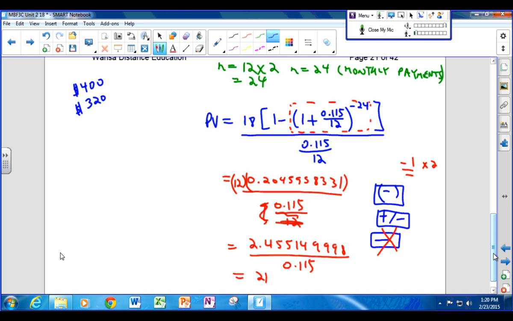Before I go any further, I can see that it was correct to multiply that by 12, but I forgot to multiply this by 18. So now we can do that.